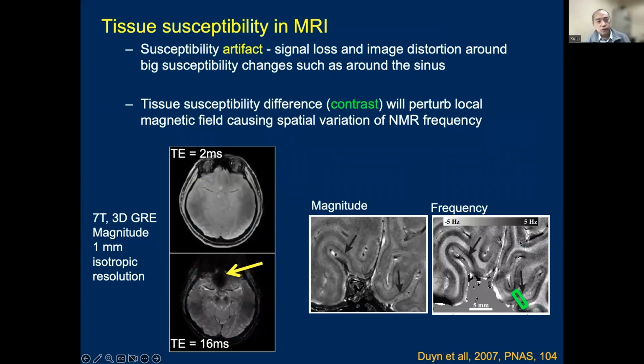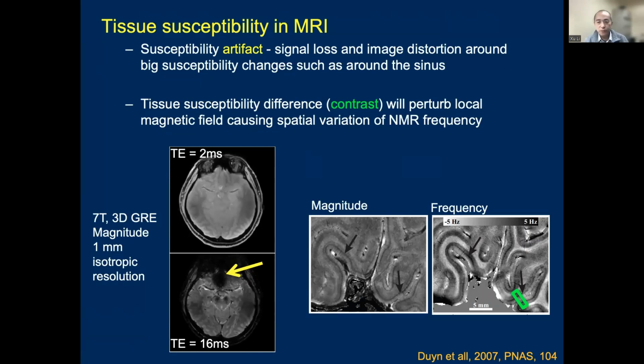So what does magnetic susceptibility do in MRI? We know that in MRI, different tissue magnetic susceptibility will cause a local magnetic field shift, and thus a Larmor frequency shift. Such spatial variation is usually considered a source of susceptibility artifacts that may cause signal loss or image distortion.